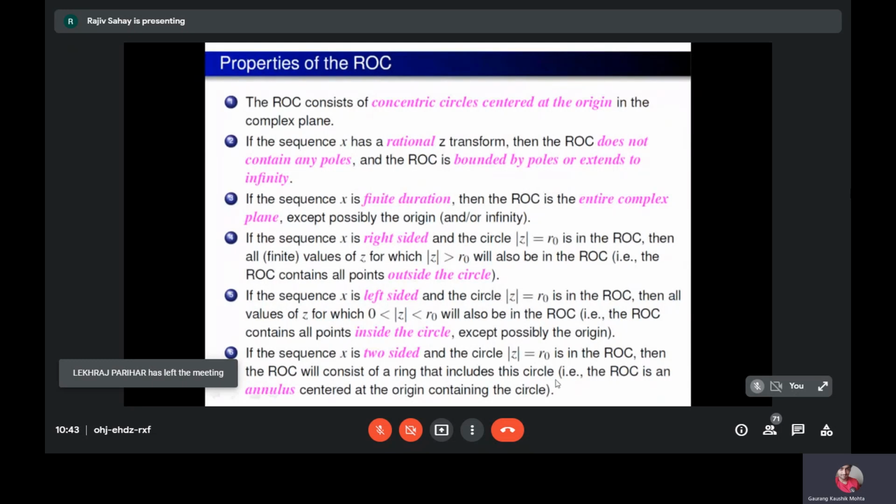So it will be an annulus centered at the origin containing the circle. Those who want to make a note can note this slide, because this summarizes the various kinds of regions of convergence that we can get.